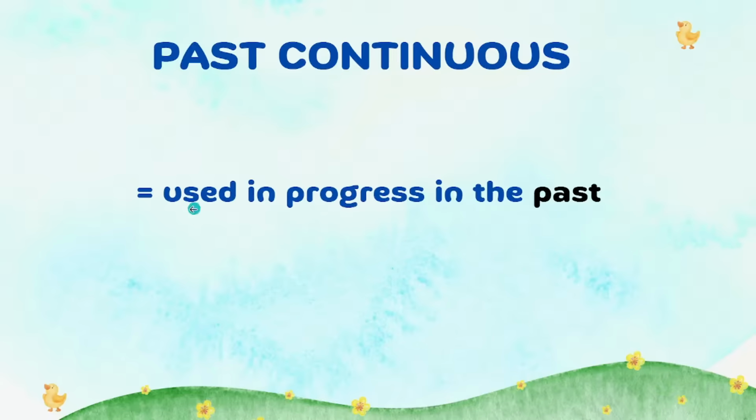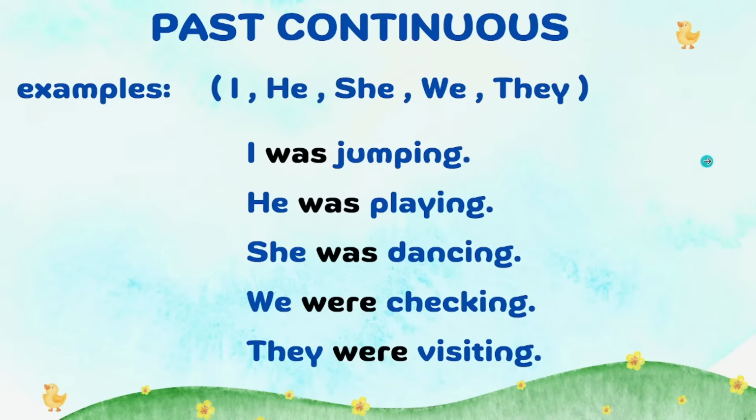It simply says that it is used for an action in progress in the past. Still happening in the past, although it's already done, still in progress. For the I, he, she, we, they pronouns, all you have to do is add was or were.